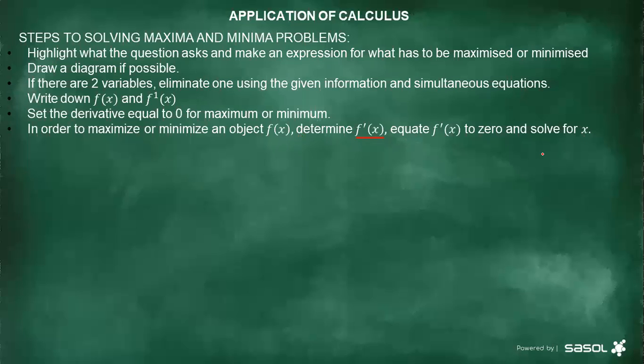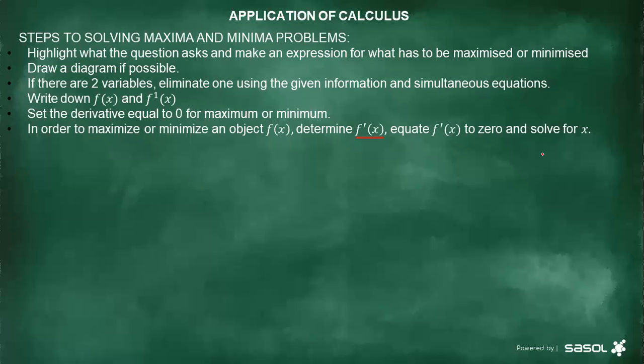But every time you are answering a question under application of calculus, when it says calculate the value of any variable to get the maxima or minima, you must derive that particular equation, then equate it to 0, then solve whatever variables we have in that equation.